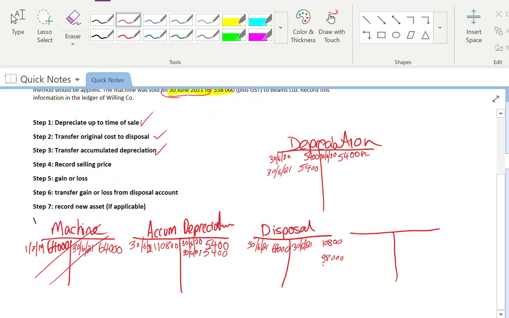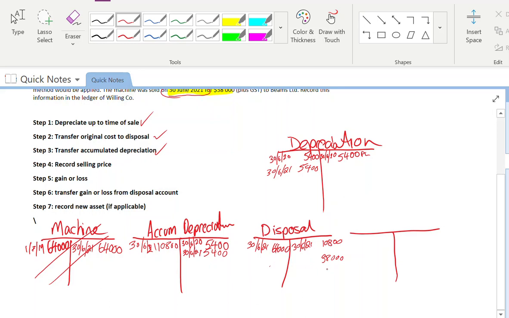We only sold it for $38,000. So you can really work out it's probably making a loss, but we need to actually record this in the records here. Okay, so we're going to go $10,800 plus $38,000. That equals $48,800 is on this side, and $64,000 on this side.